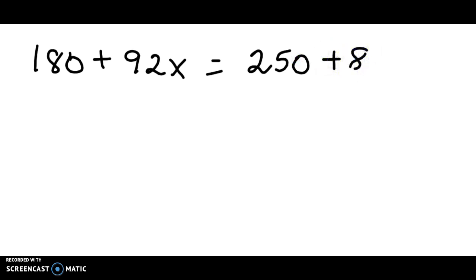Oops. Let me erase that. Okay, 78 per hour. Okay, so now we want to get our variables together on one side.